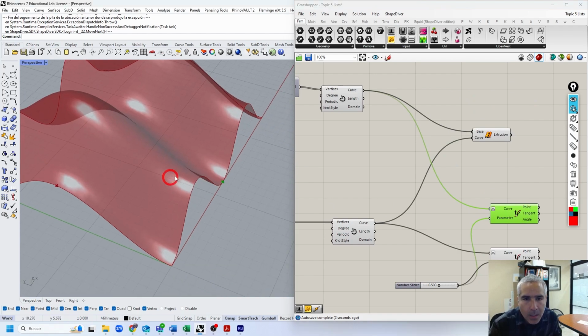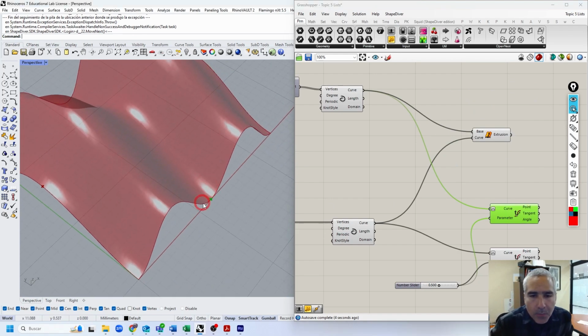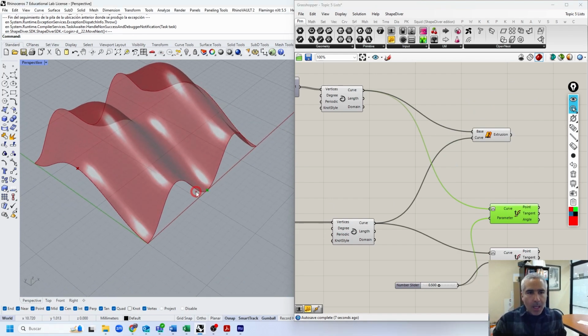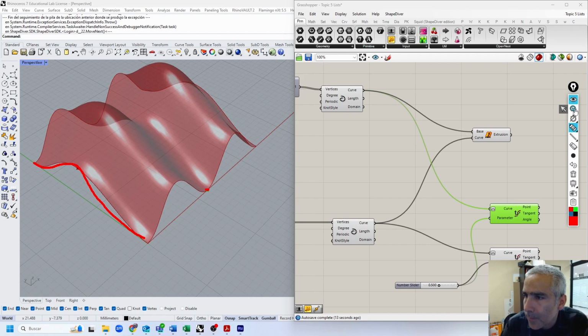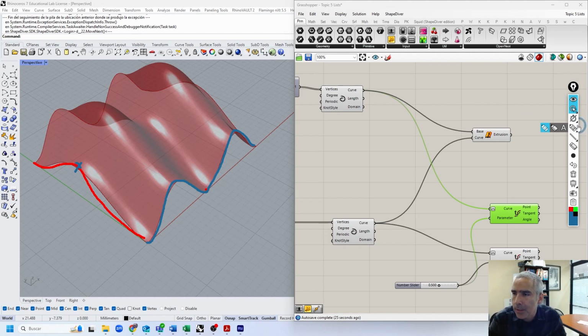There we go. Okay, so now if we put a copy of this curve on this point, and a copy of this curve on this point, we will get sort of the midpoint of the surface.